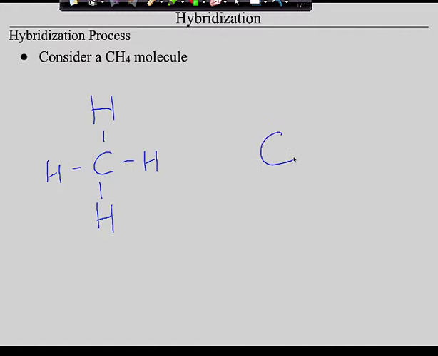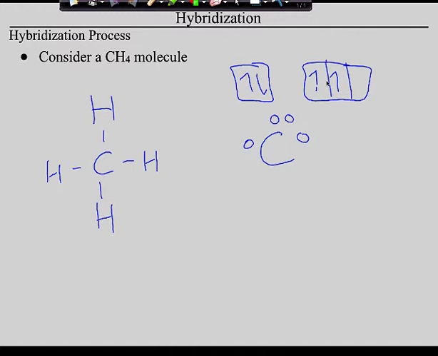See the problem? Guys, we know that carbon's got 2 electrons in the s, specifically here the 2s, and 2 unpaired electrons in the p. If we draw the orbital filling diagram for this, we know that carbon's orbital filling diagram looks like that.